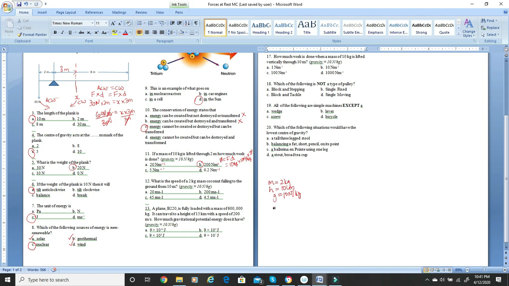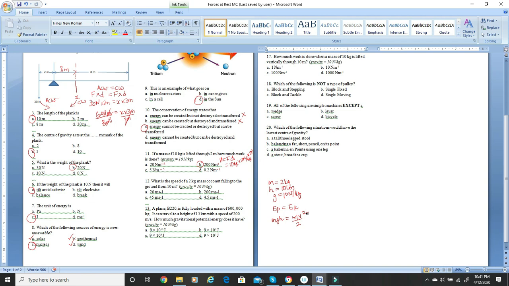So note well that the potential energy something has will eventually be the kinetic energy it will acquire. Right? So we could say MGH will be equal to the mass of the same thing times the velocity squared over 2.